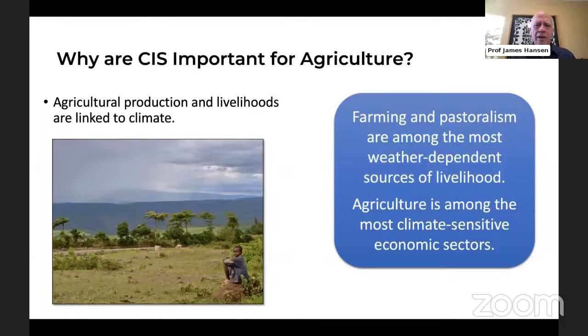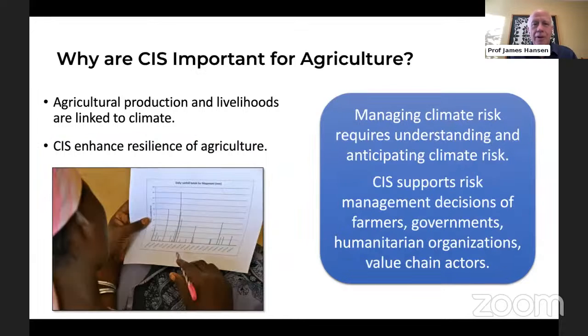These are among the most weather-dependent sources of livelihood for individuals. And individuals who depend on agriculture for their livelihood are often relatively poor, disadvantaged, marginalized, quite vulnerable. And if you think about it at the national level, agriculture is also typically one of the most climate sensitive economic sectors. So climate is obviously very important for agriculture.